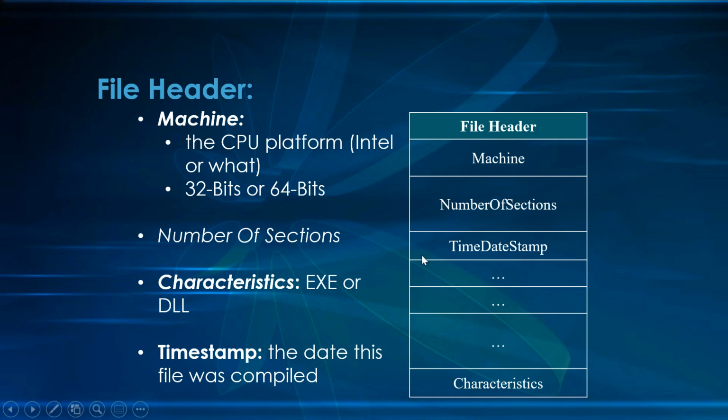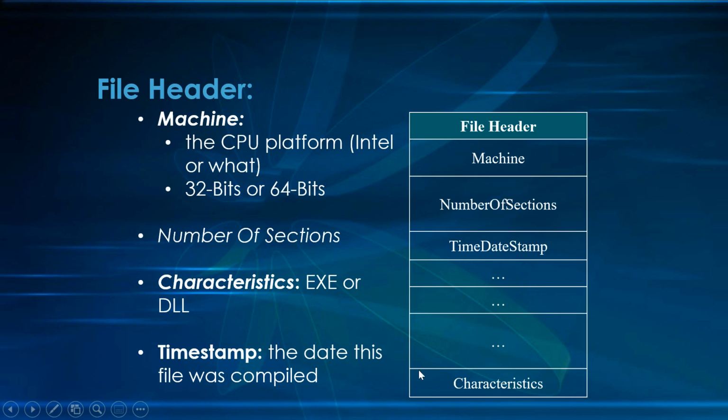The time date stamp is a really good indication of when this malware was created and how long it has been in the market. It doesn't say anything about the family though, because this malware could have existed for 3 years, but this exact version with this hash appeared for the first time at that time date stamp. The attacker can still modify it, but in most samples they don't.